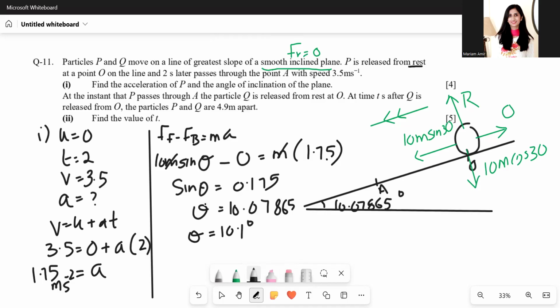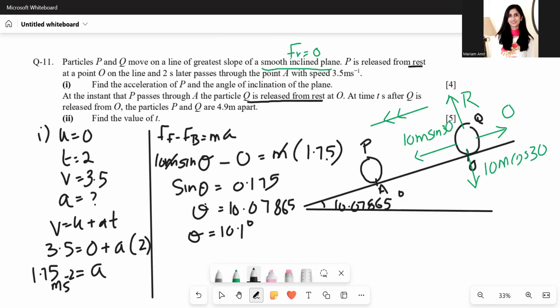Okay. Next it says, at the instant that P passes through A, the particle Q is released from rest at O. So now P, the original particle, is here. This is P. And now this is Q. So at the instant that P passes through A, particle Q is released from rest.